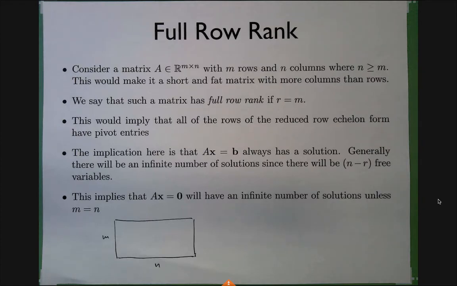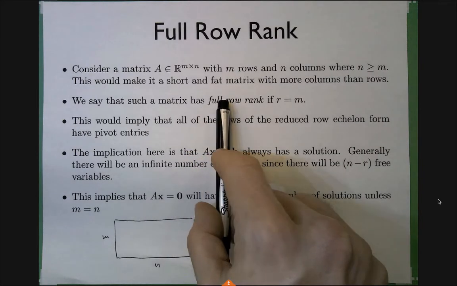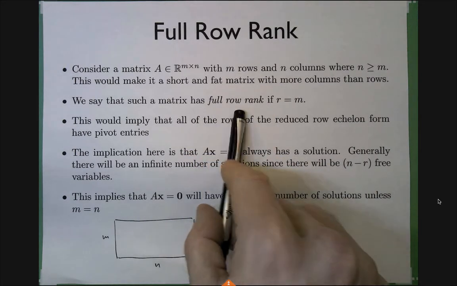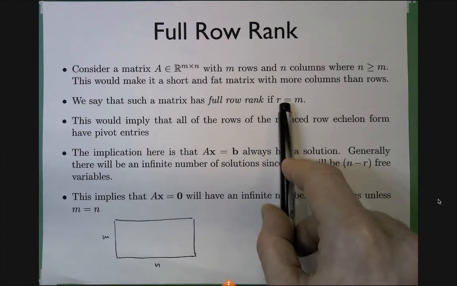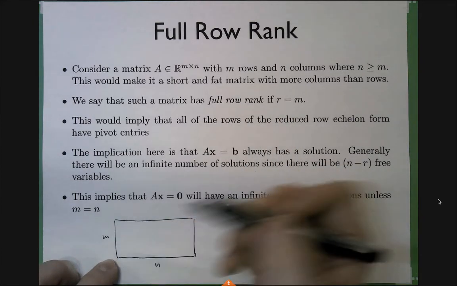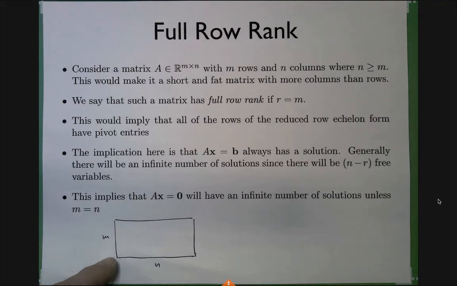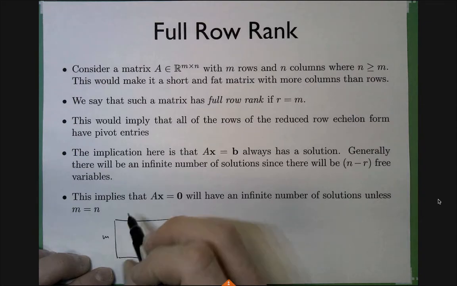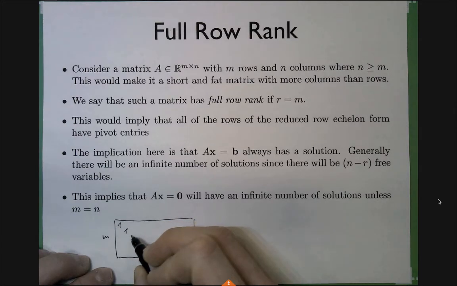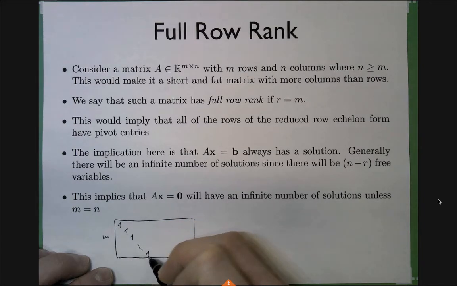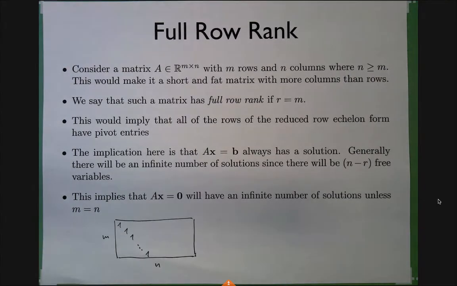In this case, the row rank will be full if the rank is the number of rows, because that's the maximum number the rank can be. And just like before, this means that the reduced row echelon form has the full number of pivots. So there are no zero rows anywhere.